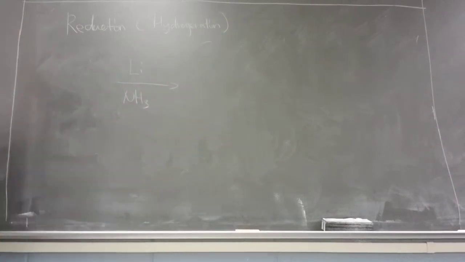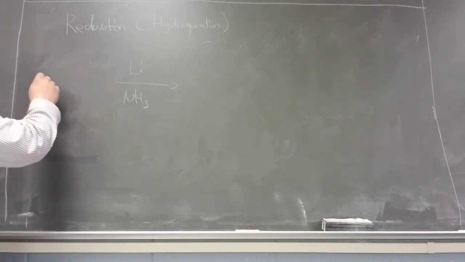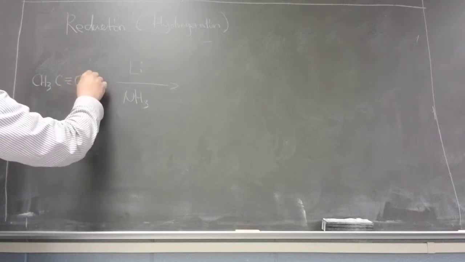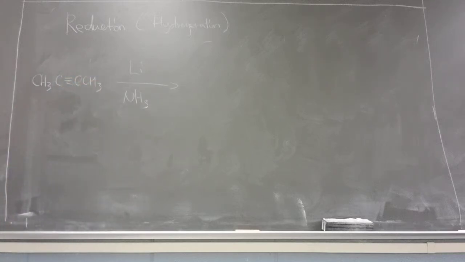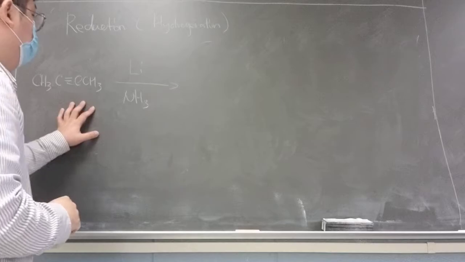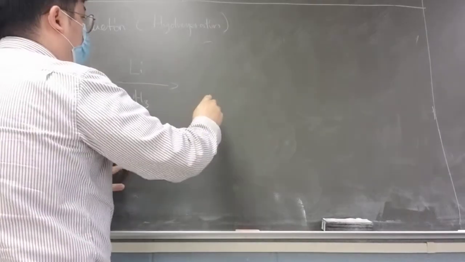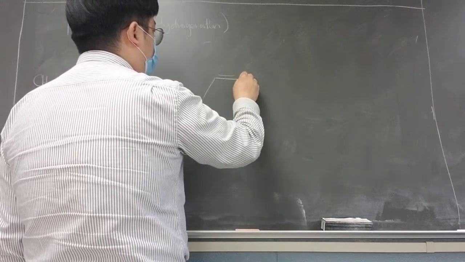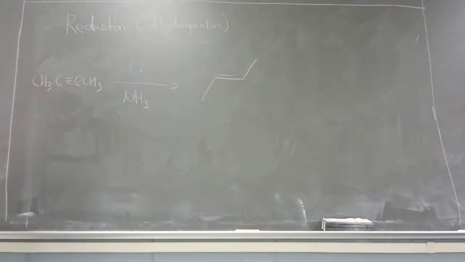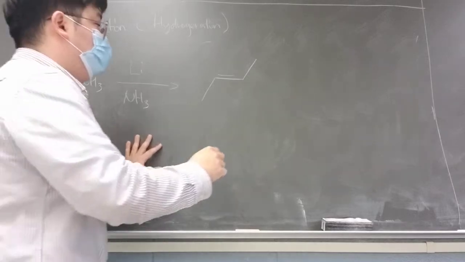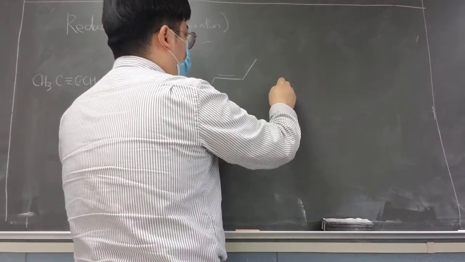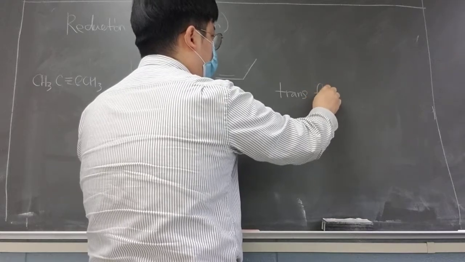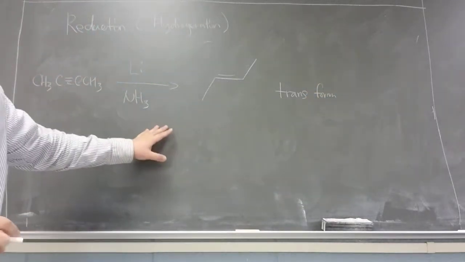In this case, I'll give you the same problem, same conditions, the same reactant, and then it's actually going to make the trans. So this also starts at the alkyne, but it makes a trans alkene.